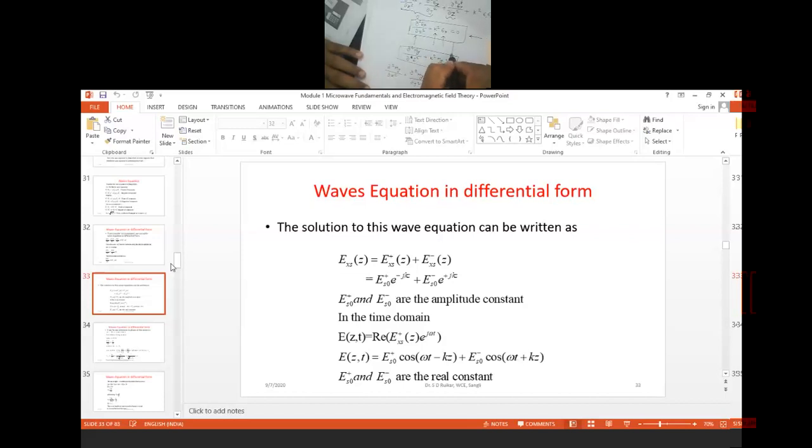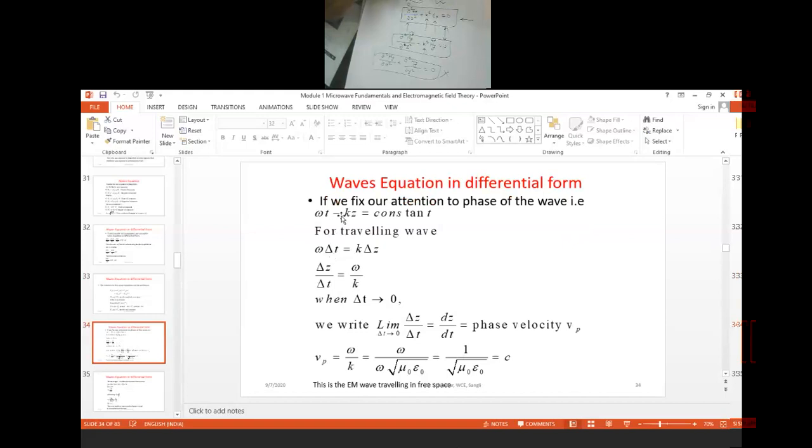So these are the two equations, but those terms become 0, so there is no use for them. It is only saying that the direction is Z, the field component is along y, and there is a propagation constant. You can write it as a vectorial quantity, but whenever we write the equation there is no need to mention the vector. Just consider that the field component is along the y direction.